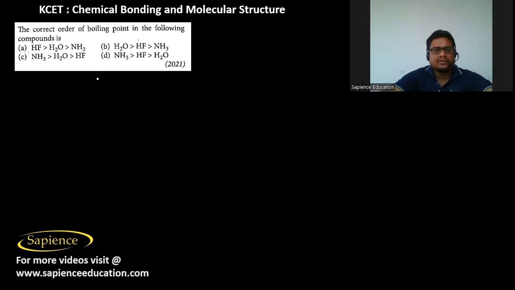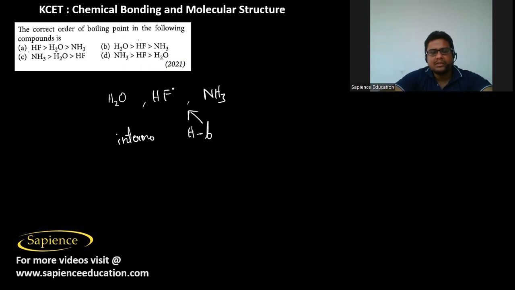Then here it is told the correct order of boiling point in the following compounds is. So we have H2O, HF and NH3, and in all of them we have hydrogen bonding. We have intermolecular hydrogen bonding in all these three.